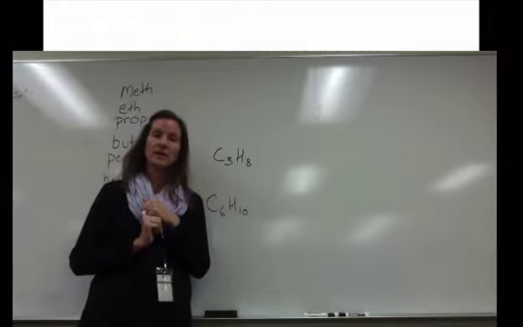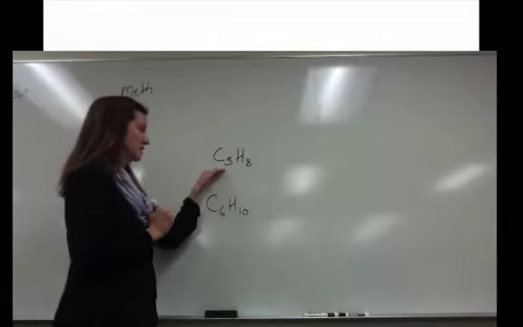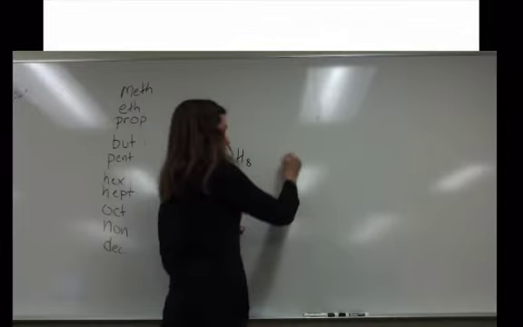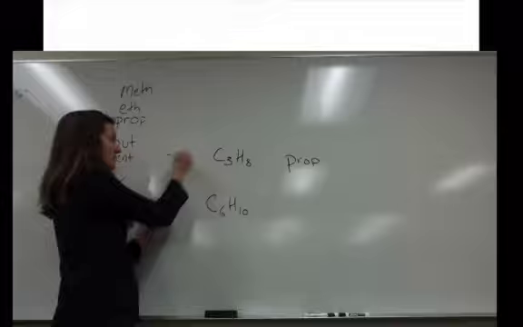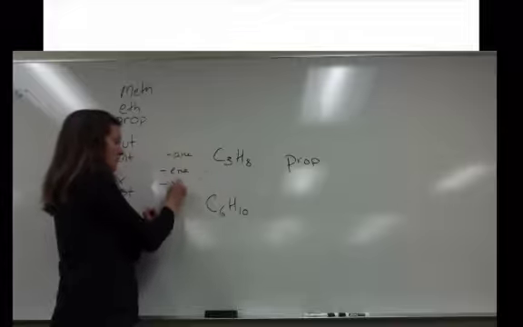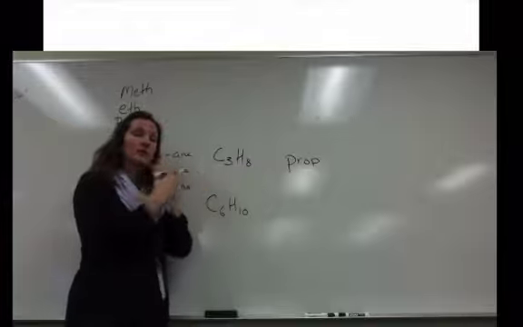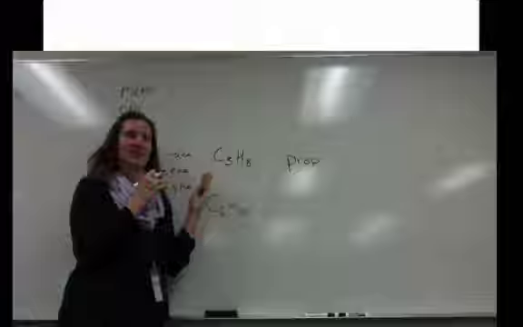So now how do you name it if I give you the chemical formulas? Well, first you have to figure out what the prefix is. So C3 tells me that it's prop. And then to figure out whether it's ane, ene, or yne, you have to look at your number of hydrogens.